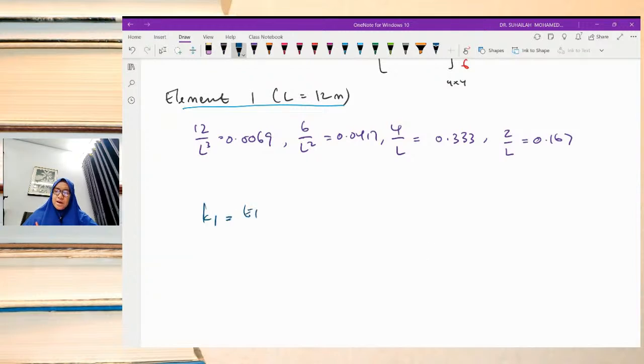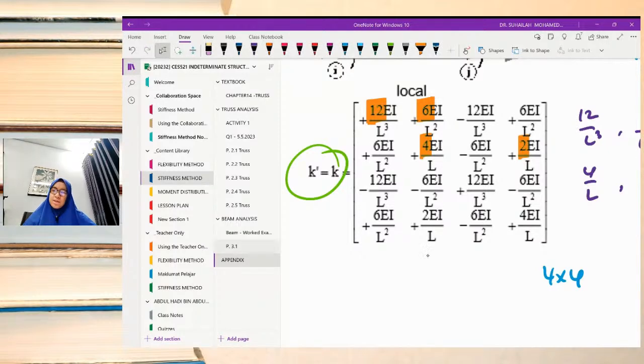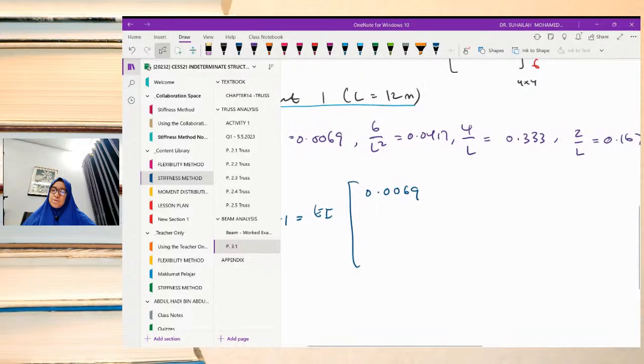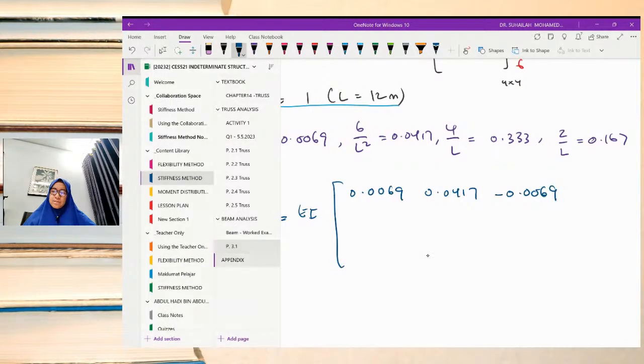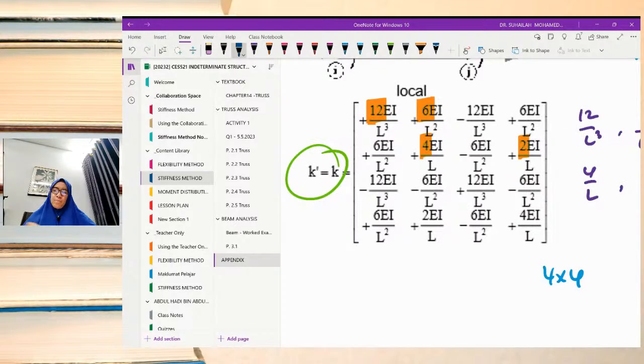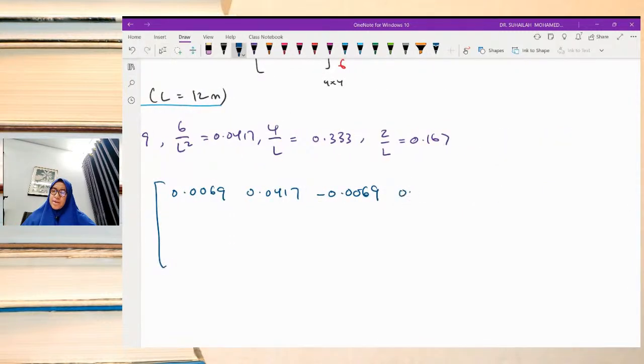So K1 in terms of EI, we have 0.0069, and then 6 divided by L square, 0.0417, and then we get negative 0.0069, and positive 0.0417.